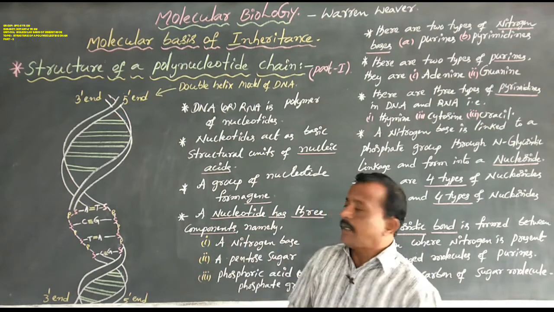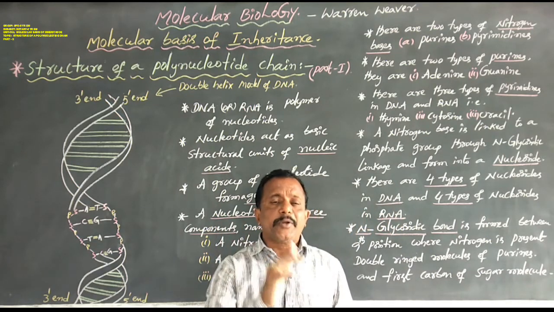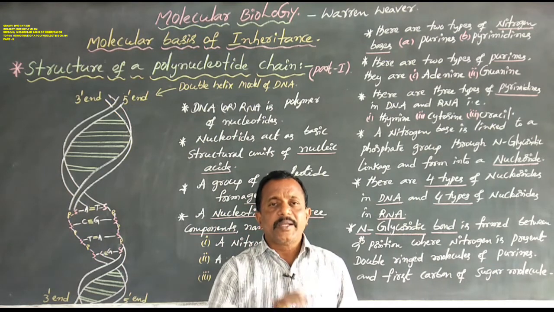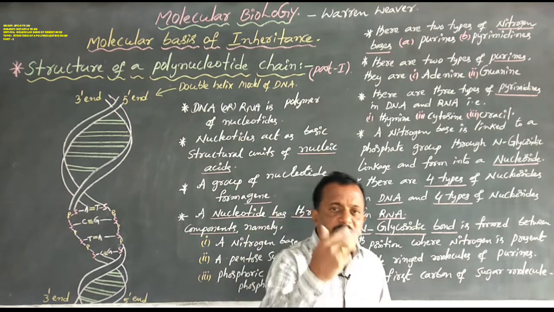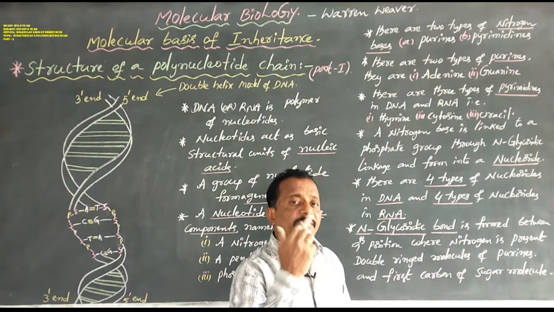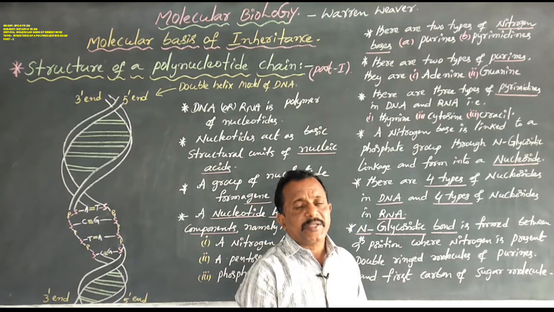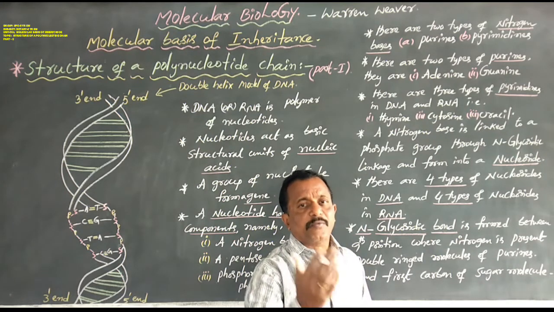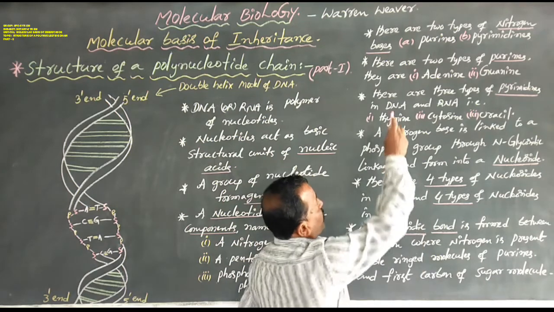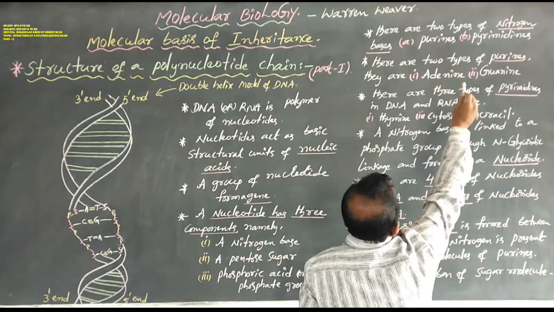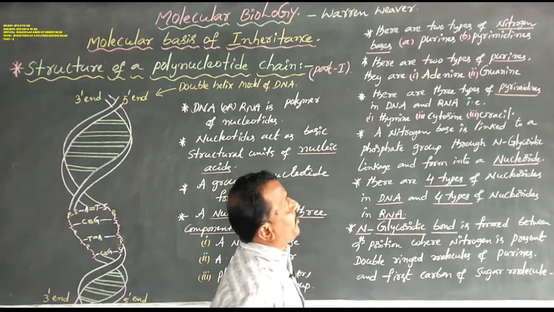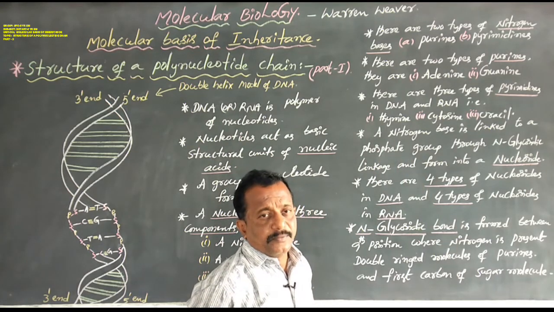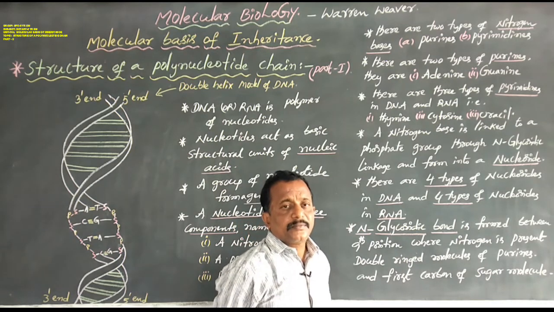Okay now, a nucleotide has three components, that is a nitrogen base, a pentose sugar and phosphoric acid. Next one, nitrogen bases are of two types. How many types of nitrogen bases in DNA and RNA? The nitrogen bases are of two types, namely first purines, second pyrimidines. Don't get confused here.